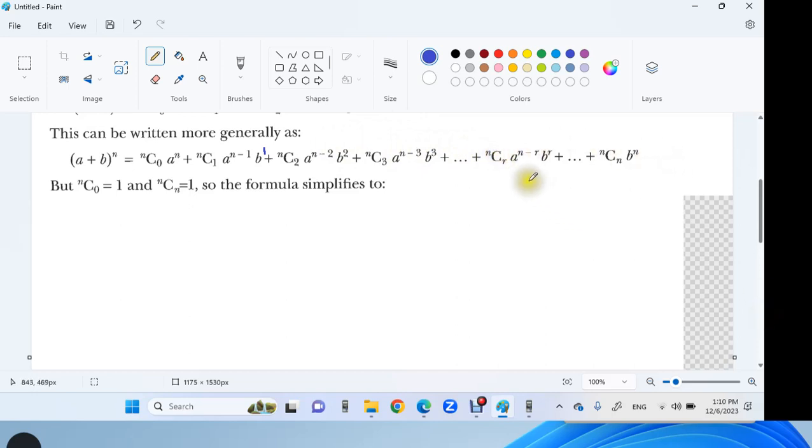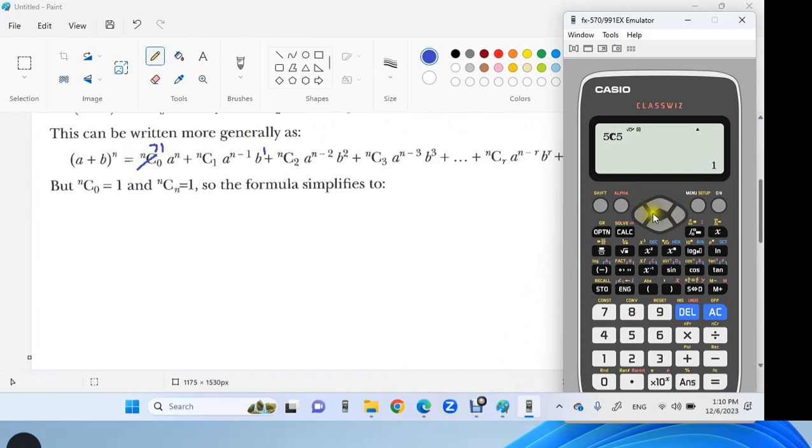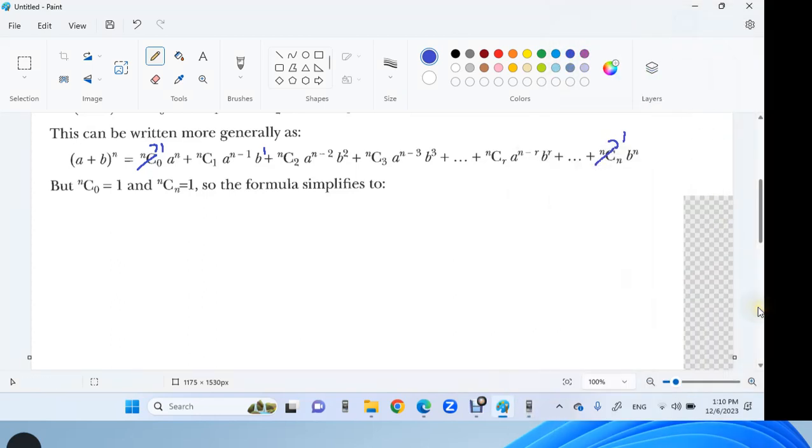nC0 is 1, and nCn is also 1. Let's say I have 8C8, it will become 1, and 8C0 is also 1. Why it is 1, I will explain later.